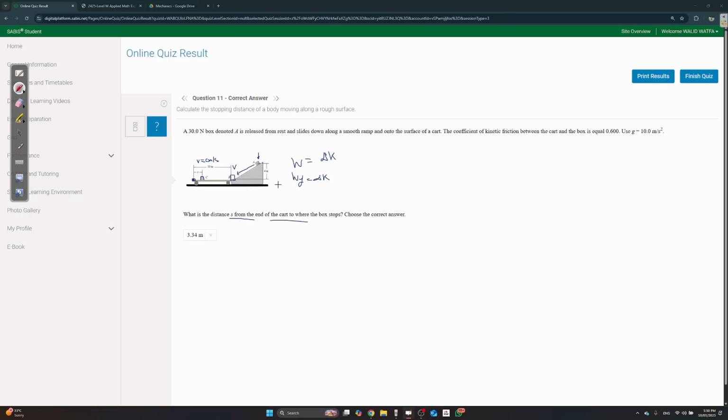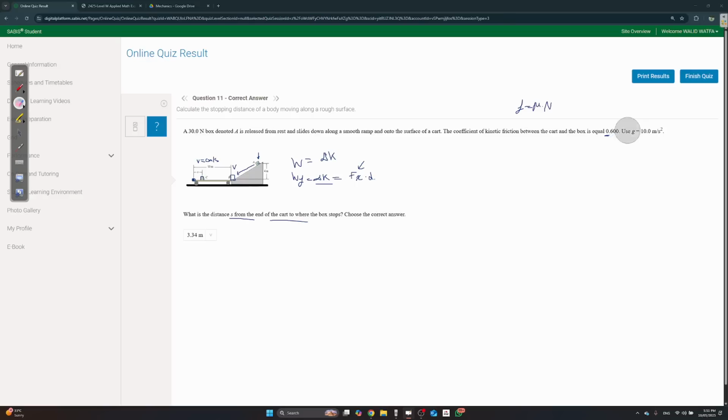So work by friction is equal to the change in kinetic energy from here to here. And what's work equal to? It's equal to Fx times the distance, right? So if we can figure out the change in kinetic energy, and we can figure out the force of friction, because they gave us the coefficient of friction, we can easily find the force of friction. Remember, friction is equal to mu times N. Then we can just divide them and find the distance.